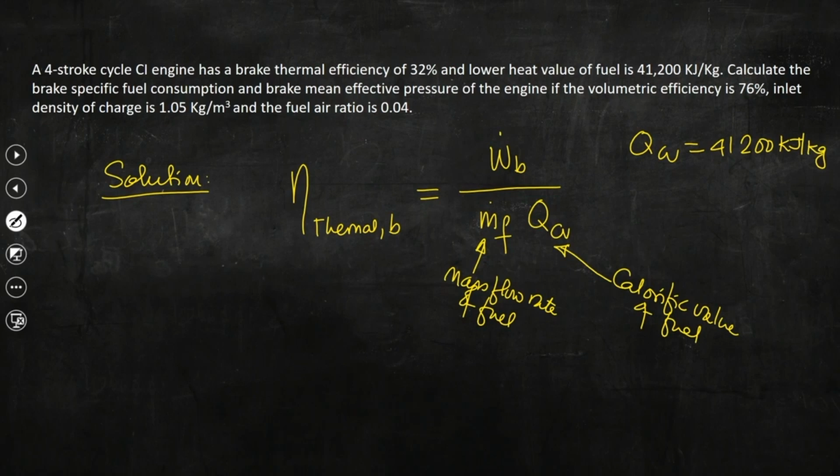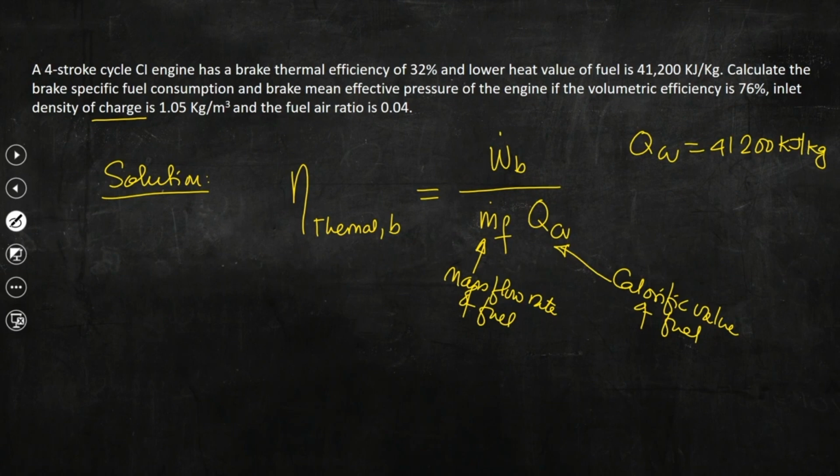Normally for the CI engine we need to supply air through the intake manifold into the engine cylinder, but we could define charge as the mixture of air and fuel. So, charge means basically air for the CI engine.